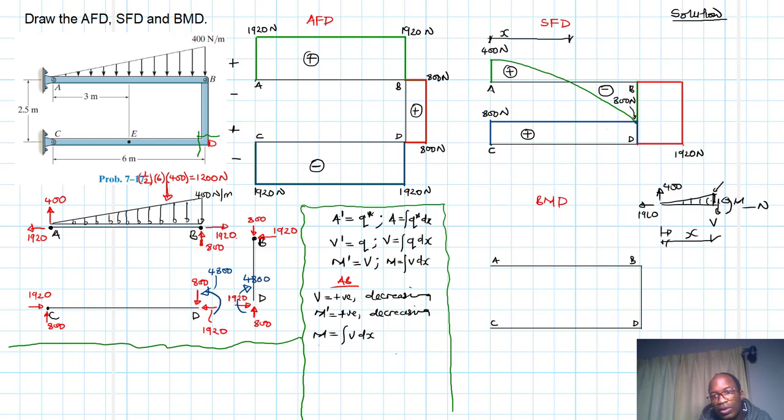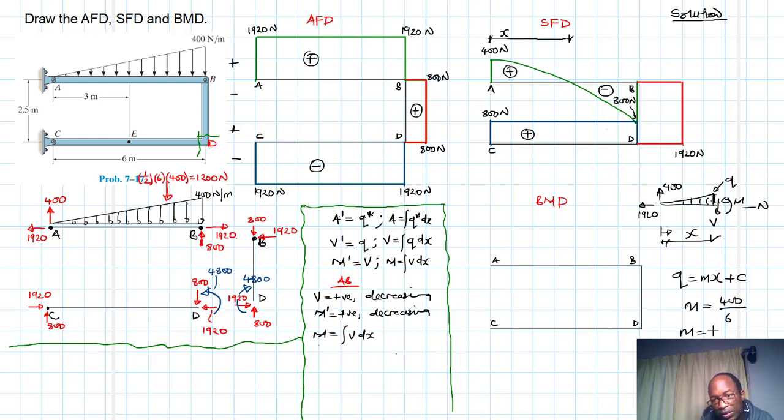Then you should know this q, which is the function governing this load. So q is just an equation written in terms of gradient and some intercept. We know our gradient is positive there, which is the change in y divided by the change in x, and our x is 6. So 400 divided by 6 becomes our gradient.